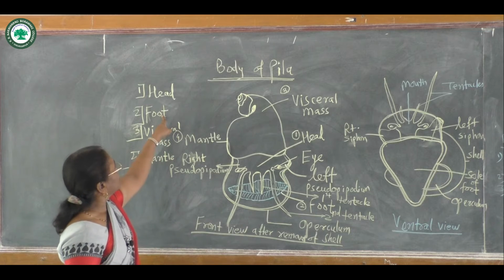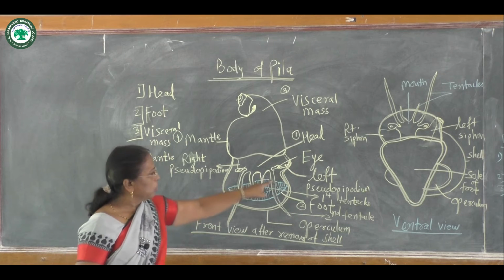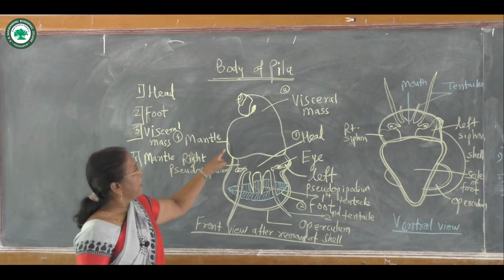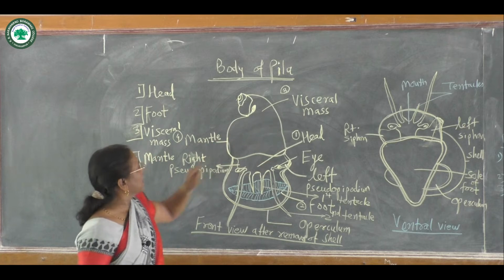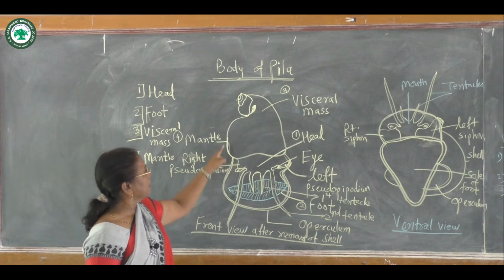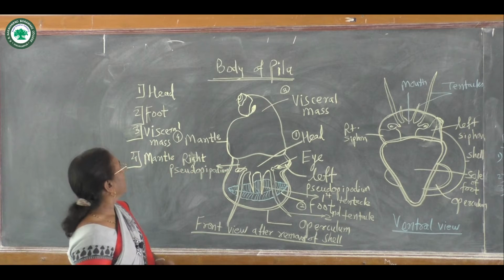Then the foot, which is present behind the head, this is the locomotory organ. The third part is the visceral mass, which is situated dorsally, and the fourth part is the mantle. Mantle is nothing but the smooth body covering of the animal.